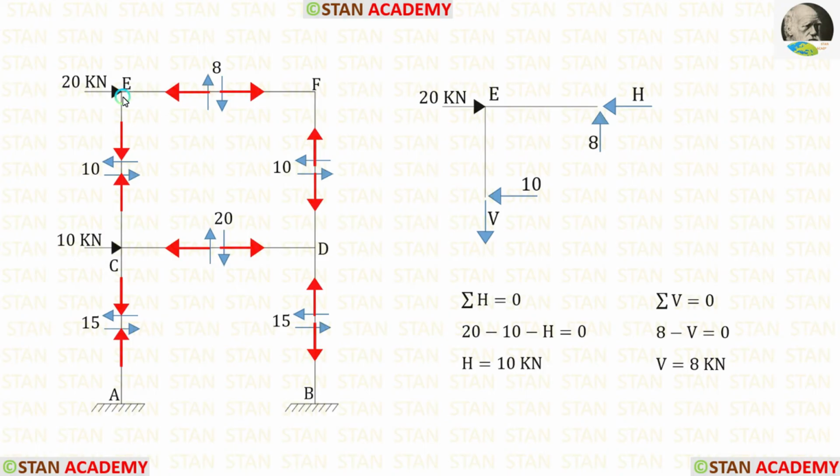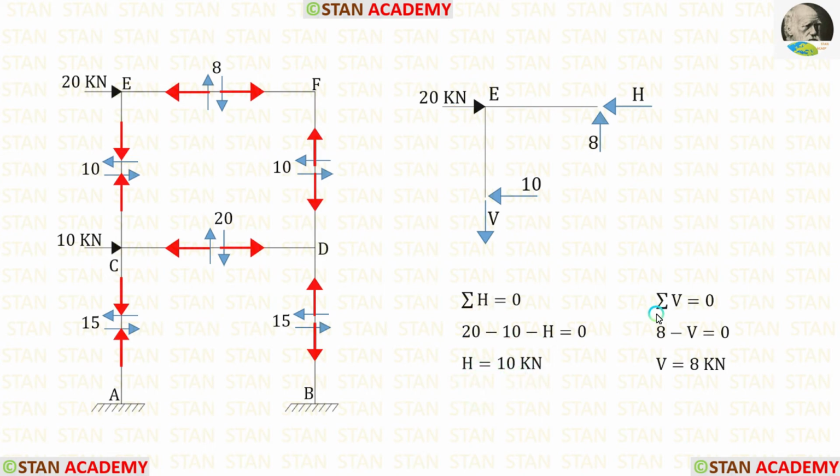First, let us take the joint E. Let us keep the unknown horizontal axial force as H and unknown vertical axial force as V. Let us apply the rule sigma H is equal to 0. 20 is acting towards the right side, so that will be positive. These two forces are acting towards the left side, so both of them will be negative. Finally, for H, we are getting 10.